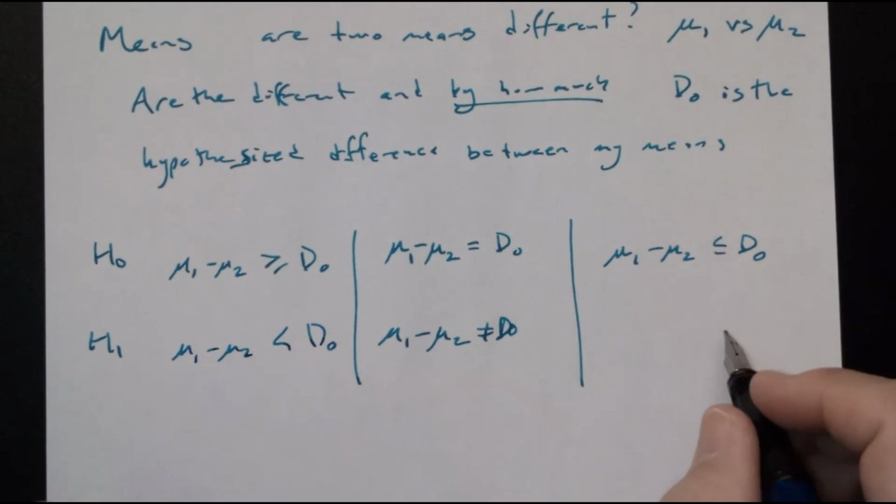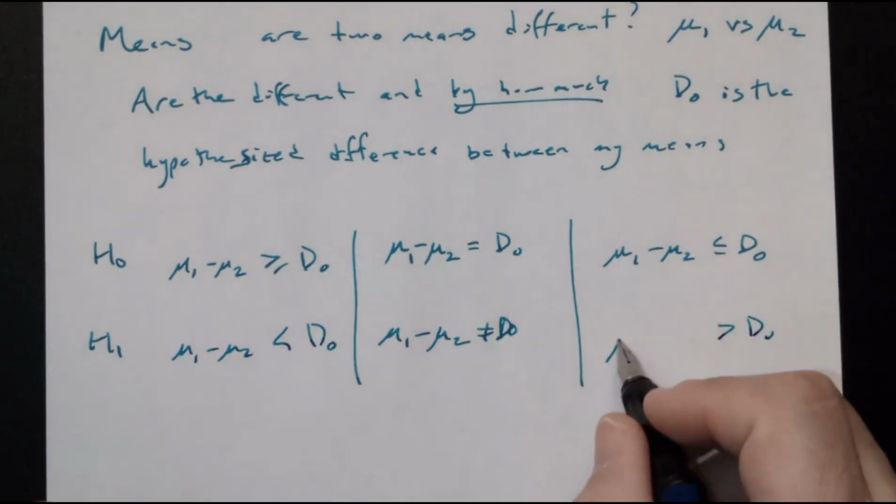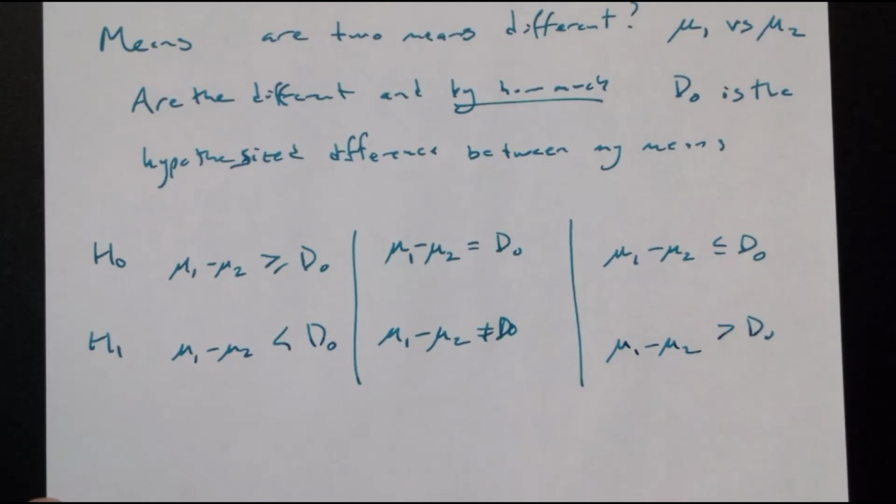And over here, it'd be greater than. Notice which group you call group 1 and which group you call group 2 matters in these outside two. It doesn't matter in the middle one. I don't care which one is group 1 and which one is group 2. In this case, I just want to know if they differ.